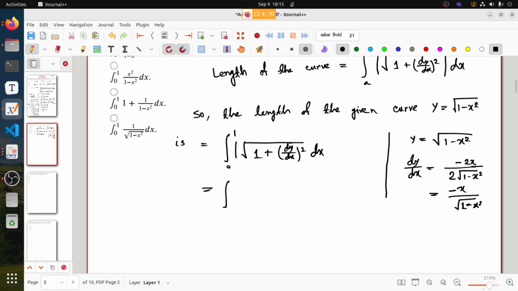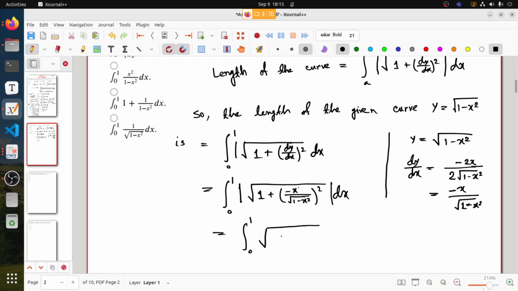So now if we put it here from 0 to 1, the modulus of the square root of 1 plus the square of this, meaning minus x by square root of 1 minus x square whole squared, and dx. If you simplify it, taking the positive square root, we get the integral of the square root of 1 plus x square by 1 minus x square, dx.